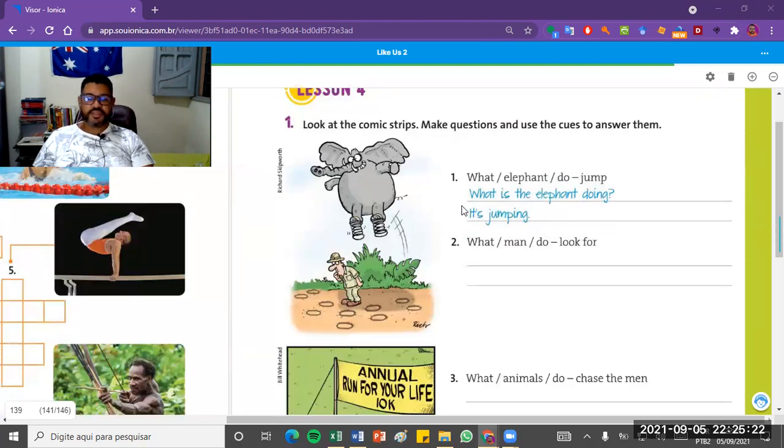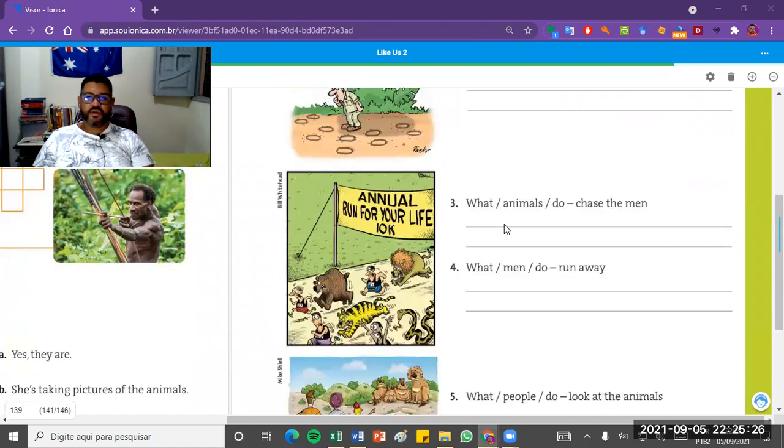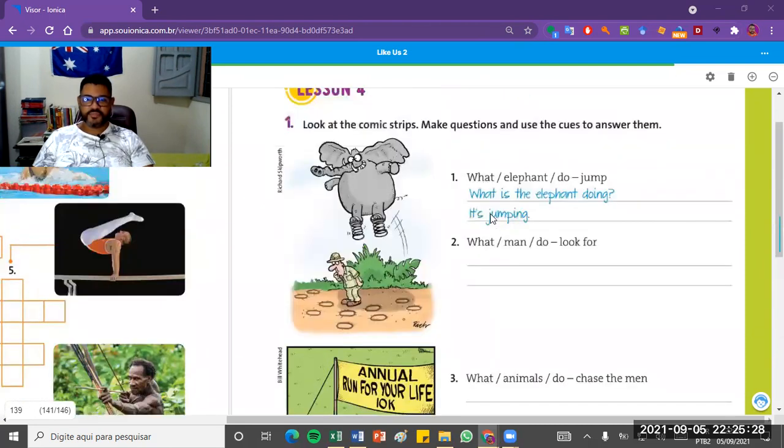So have some examples so you can base yourself on them and write the other ones. So let's see. What elephant do jump? So you can make a question with this. You can ask, what is that elephant doing? Okay, answer, it's jumping.